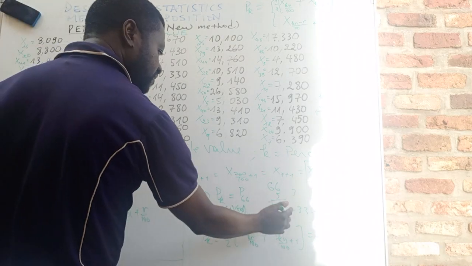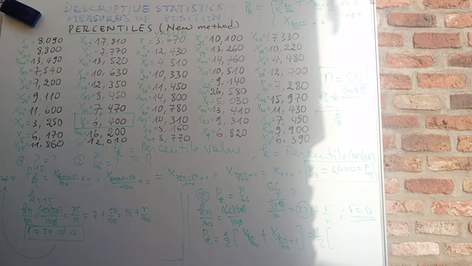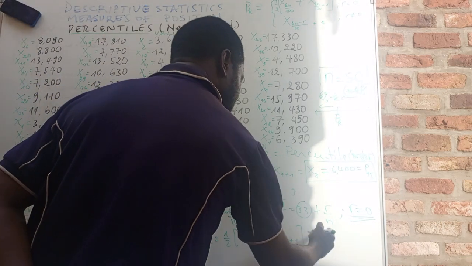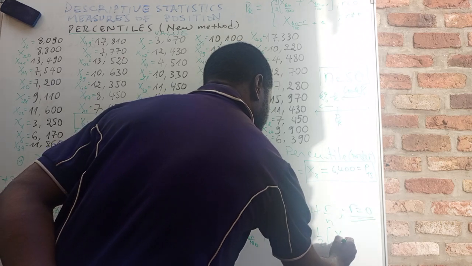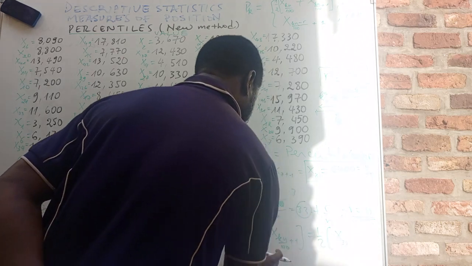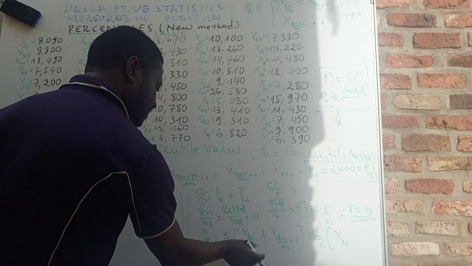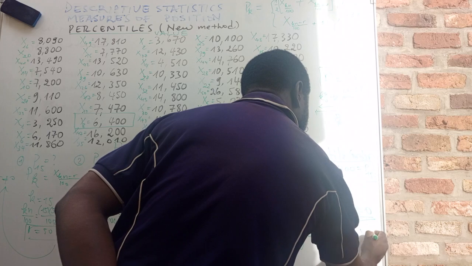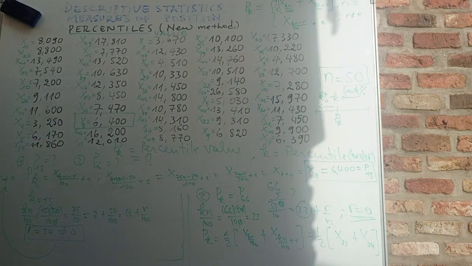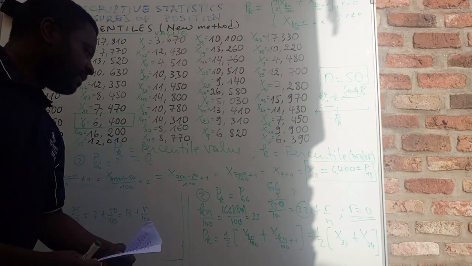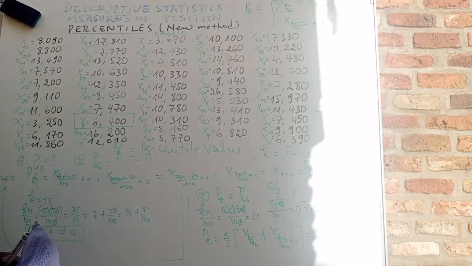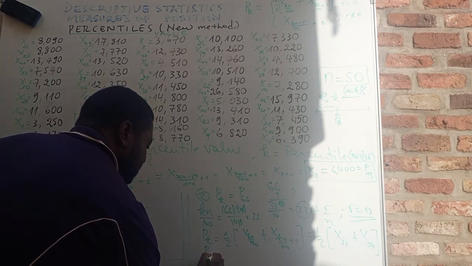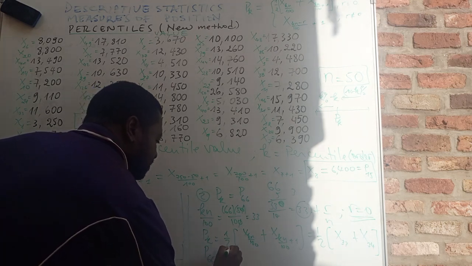This ratio has been proved to be equal to 33. Now I have to add 1, so I get x sub 33 plus x sub 34. This is the percentile value p66. So this means pk is equal to 66.